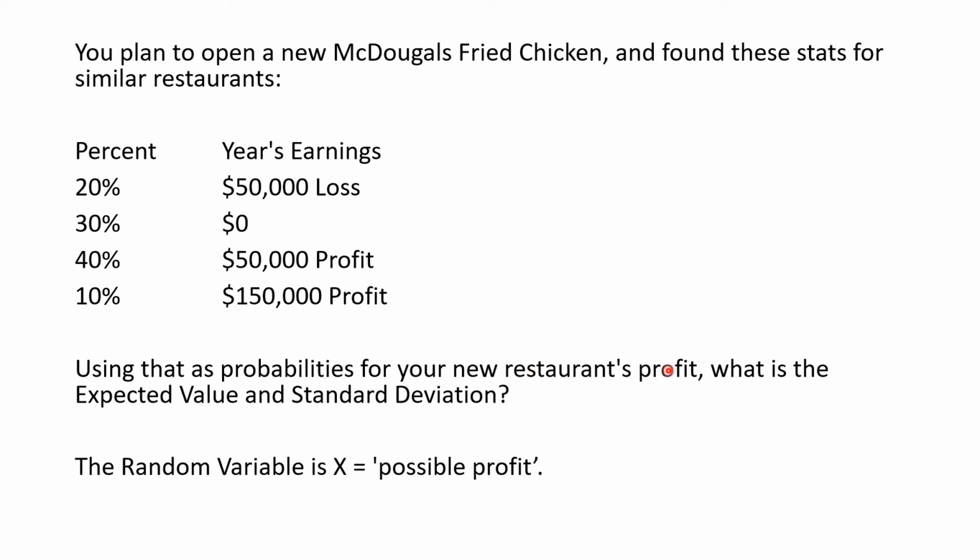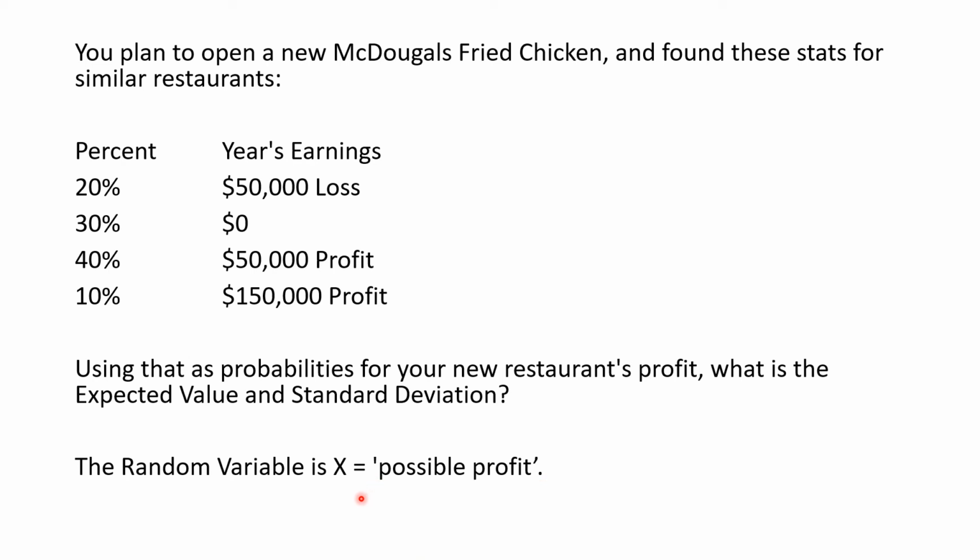See, the focus is on restaurant profit. What is the expected value and standard deviation? So you're simply required to find the mean and standard deviation. We assume X is a possible profit. Before you start any calculation related to discrete random variables, please state what your success is first, which is the X or the possible outcome that you're focusing on.